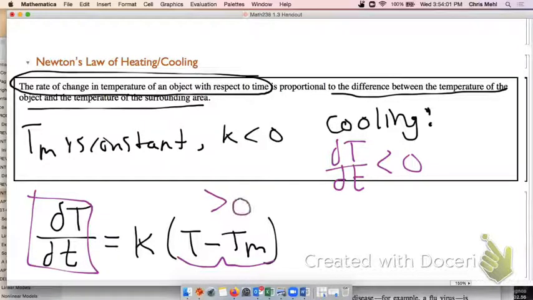Well, if dT/dt, the rate of change, is supposed to be less than 0, and T minus Tm is greater than 0, that means k has to be less than 0. Okay, well, if you're warming, let me learn how to write.